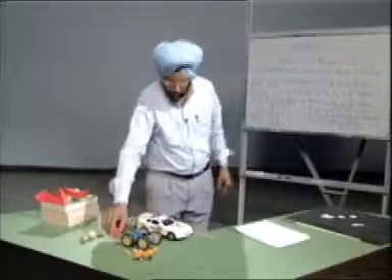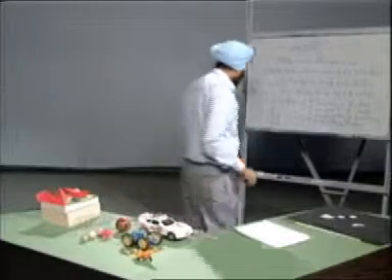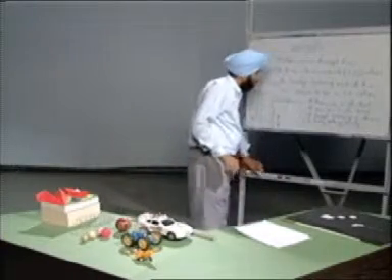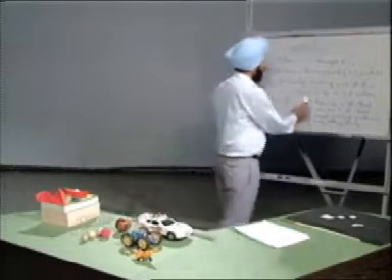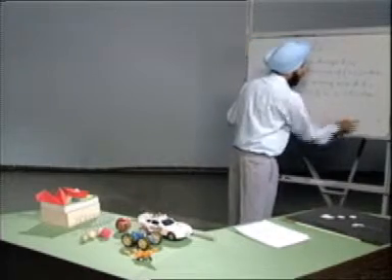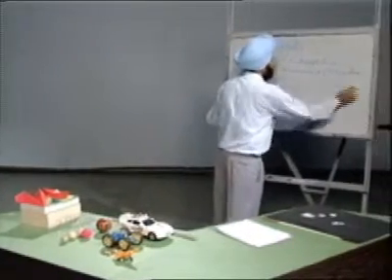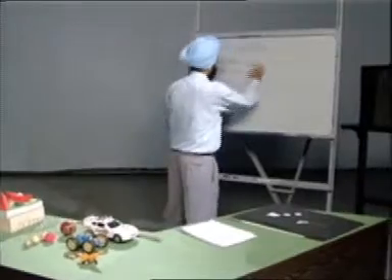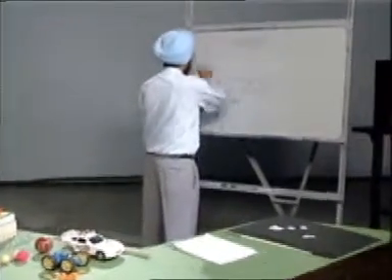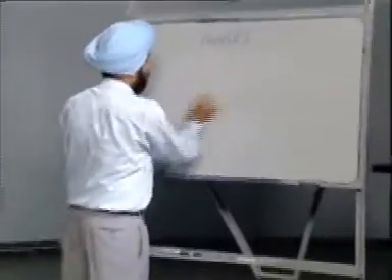Now, if the object, instead of moving along a straight line, moves on a plane, like when I write on the board, the tip of the pen is moving on the plane of the board.